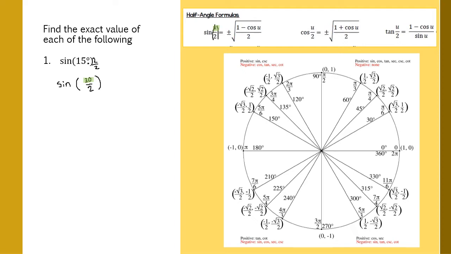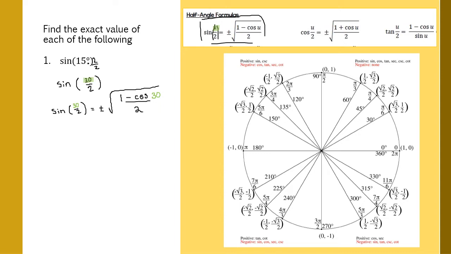So if I go into my half angle formula here, sine of u over 2 is equal to plus or minus the square root of 1 minus the cosine of u, divided by 2. So again, in our problem, the u value, the angle that is being cut in half, is 30 degrees. So this is equal to plus or minus the square root of 1 minus the cosine of 30 over 2.